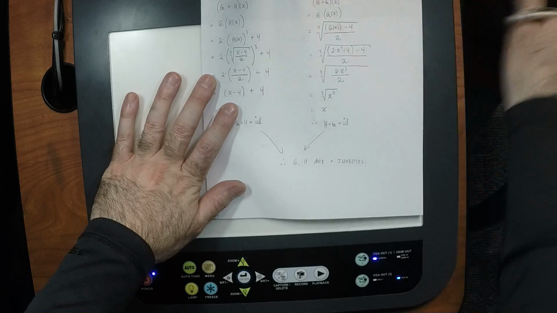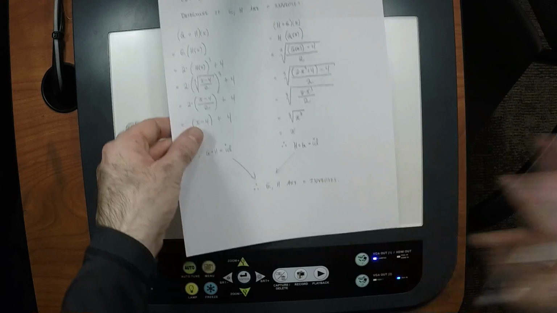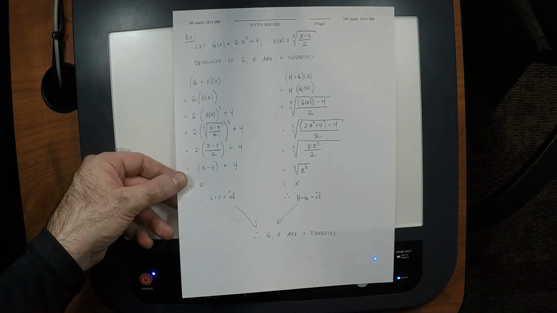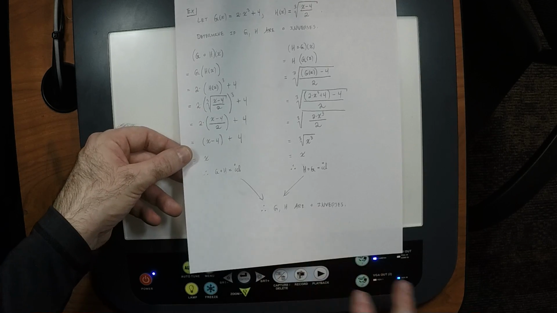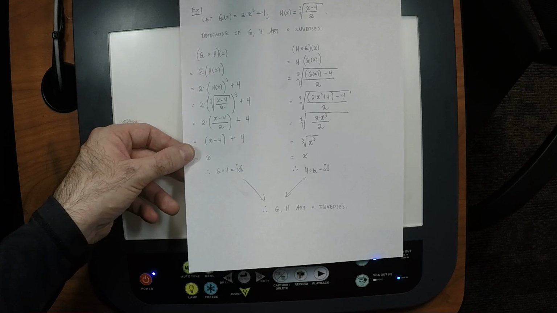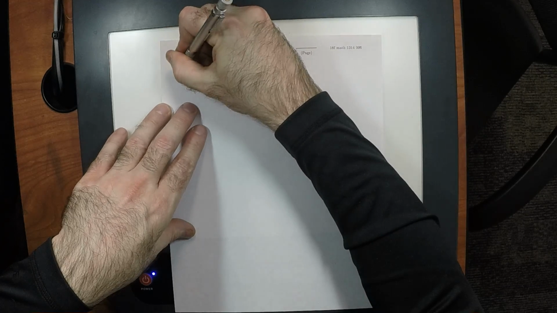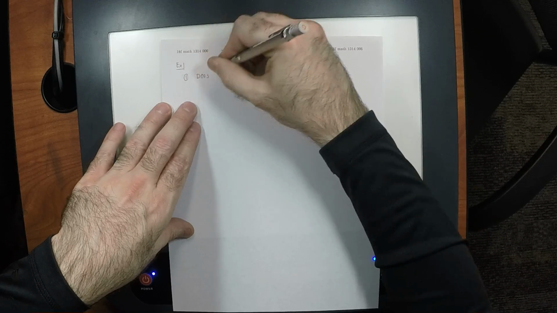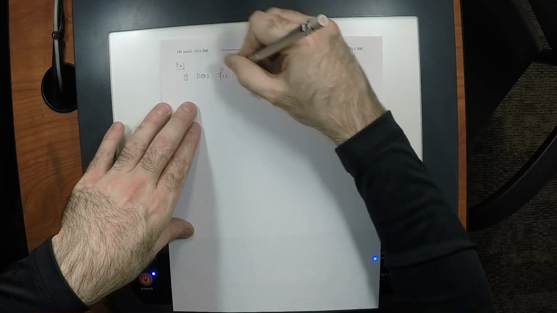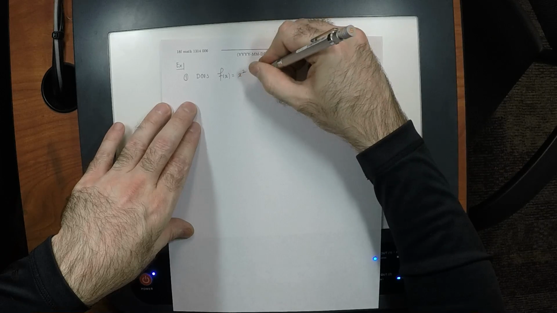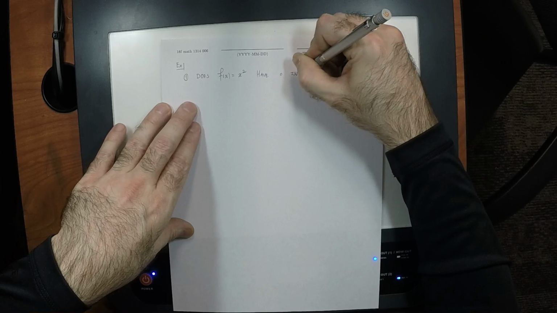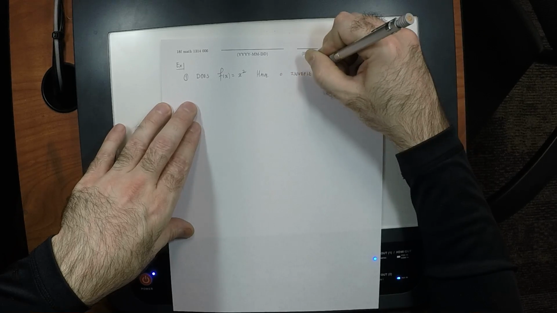But here's the deal: one thing that I glossed over purposefully on this one is that I didn't even check if they had inverses. It turns out that they do, and they really are inverse to each other, but I didn't check it. So then how about this one? Here's a question. First question: does f of x equal to x squared have a composition inverse?